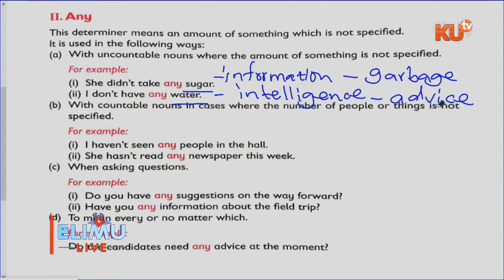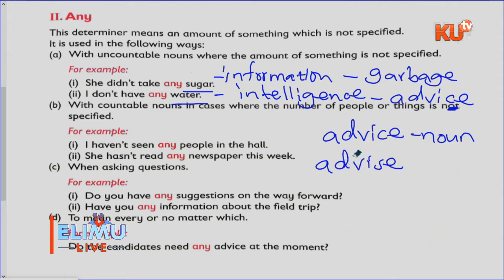The spelling of that word advice usually gives students trouble because they confuse whether it's S or C. Now, advice, the noun, is written with a C, but the verb is written with an S. Even its pronunciation is not the same.